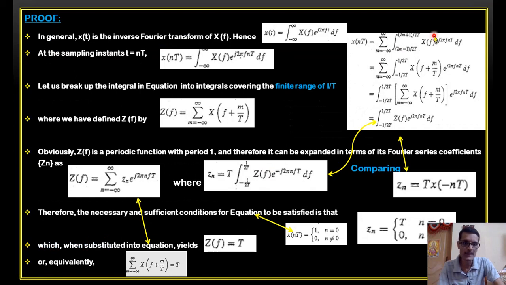So I substitute over here, X(f) this, and this is the finite interval I have considered here. This was between minus and plus infinity. This integration is changed into a summation and a finite integral over an interval of 1/T. Then I substitute that X(f) over here. Okay, I'll change this integration, which is with respect to f, to some other variable, say f dash. In that case, I get df equal to df dash. And the limits will change.